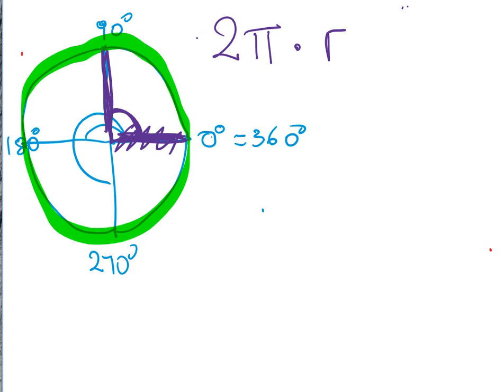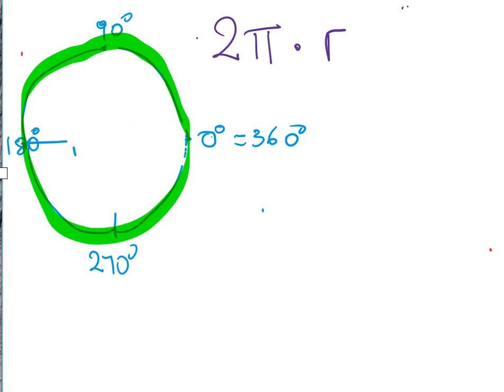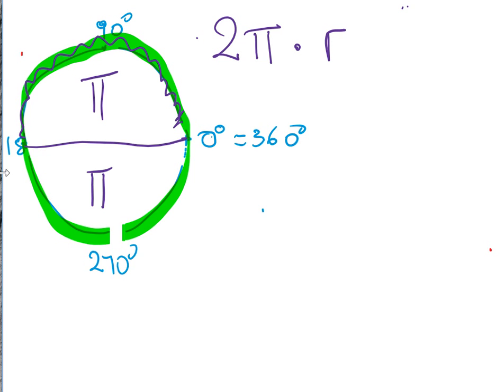And why is this happening? It's happening because we need to divide this in 1 pi, and that's the second pi. So this part here is pi, 2 pi's.